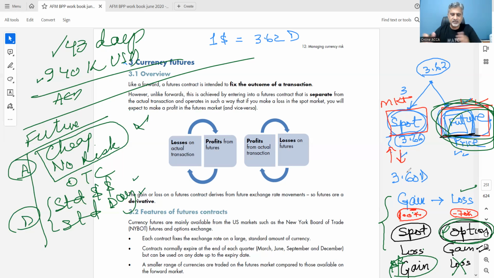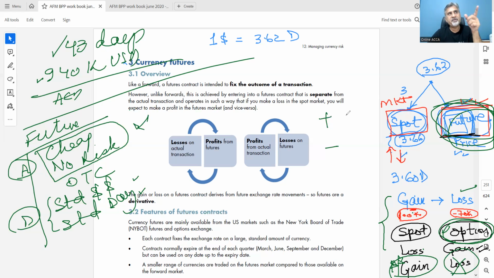It is different in that an amended future or upgraded version of future is called an option. And option will bring one more advantage, but there will be one more disadvantage. One more additional advantage of option is that you get the option whether to exercise or not.